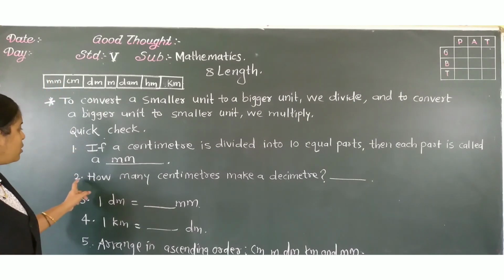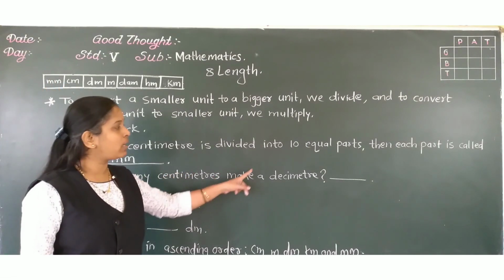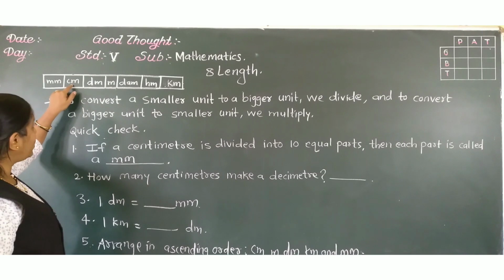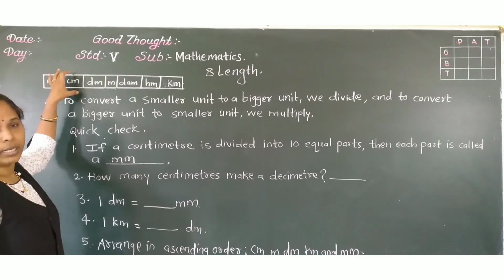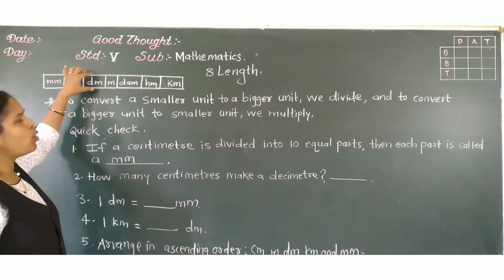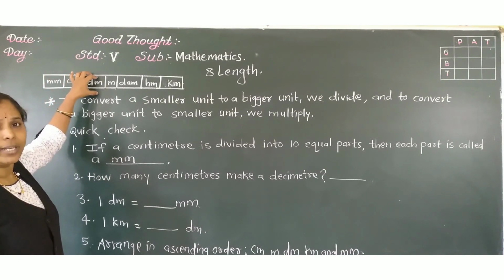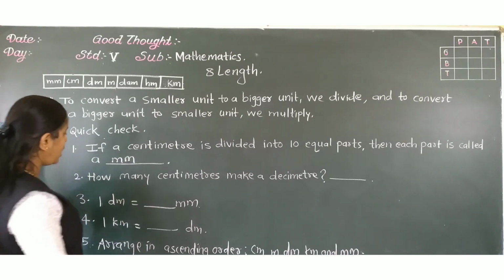Okay. Next, how many centimeters make a decimeter? 10 centimeter is equal to 1 decimeter. So how many centimeters make a decimeter? 10.